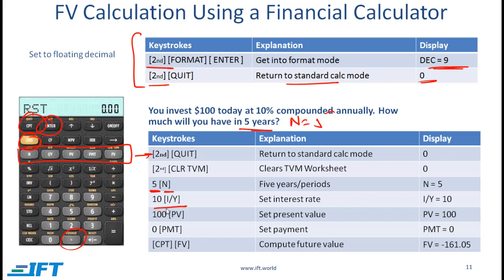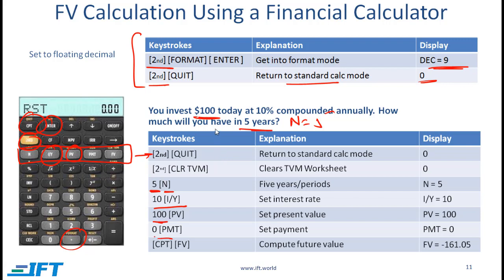Then you say 10 I/Y. So this is saying that the interest rate per period is 10%. Notice that here you are entering the percent as opposed to the formula earlier where you entered a decimal. Then you enter 100 and PV. This is saying that the initial investment is 100.